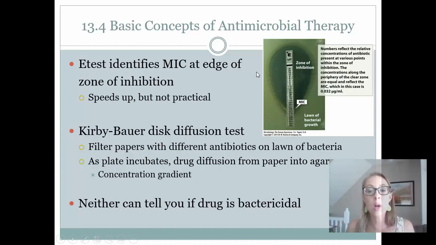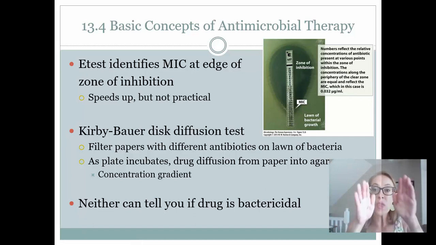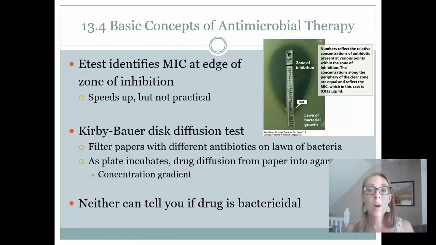It's bacterial growth. But as that plate with the E-strip is sitting in the incubator, there is an antibiotic that is infused within that strip. And so that antibiotic is going to diffuse from the strip out into the media. And there are different concentrations that you can see. We have high concentrations up here. And as we get farther down our E-strip, we're going to have our concentrations decreasing and decreasing until there's nothing.